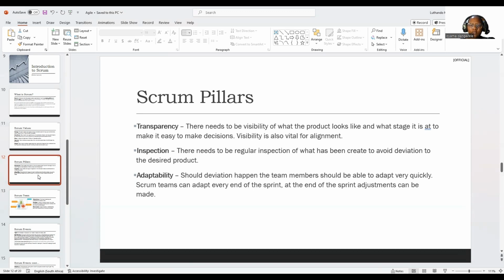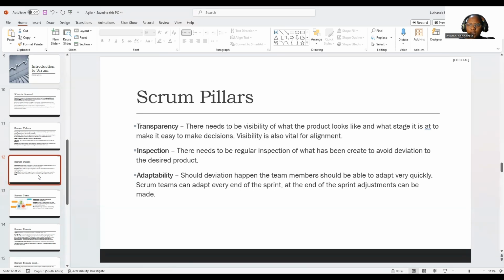So we want everything to be visible, so that everybody is aligned and we all know where we're at.